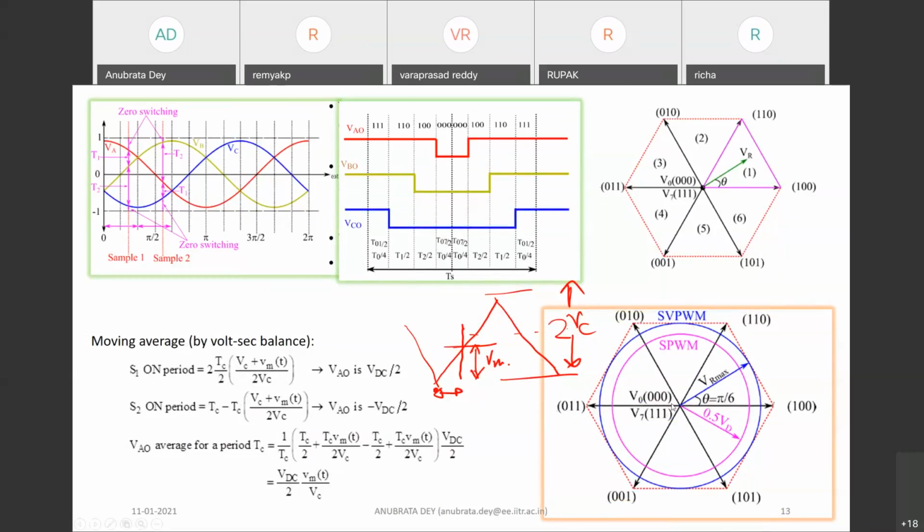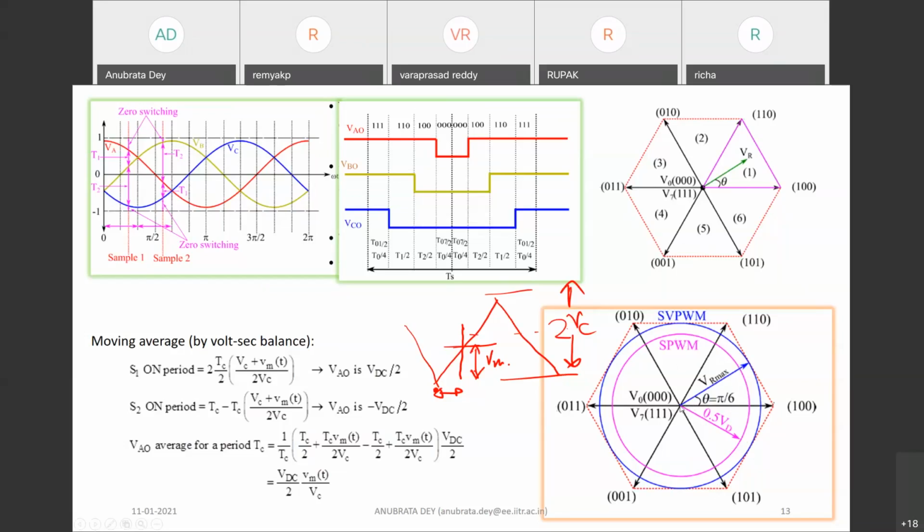So you can easily understand the limitation of SPWM by this circle radius. This is limited by 0.5 Vd, whereas SVPWM actually has a larger radius compared to your SPWM.